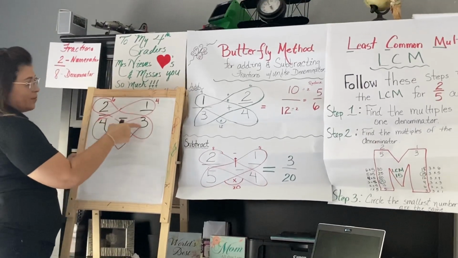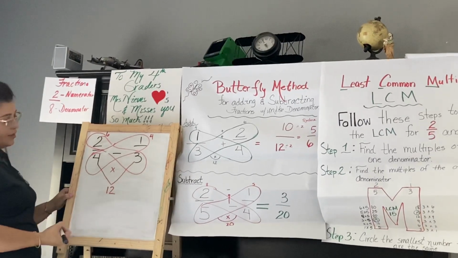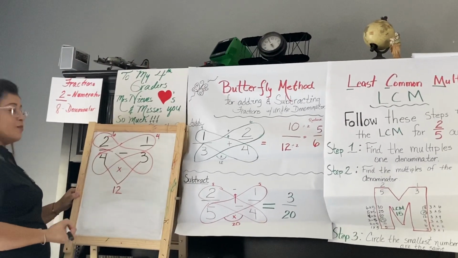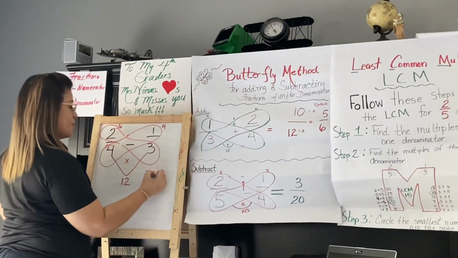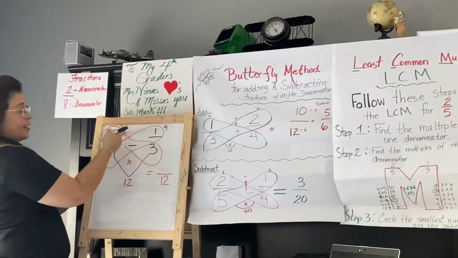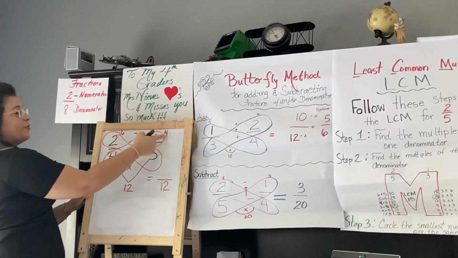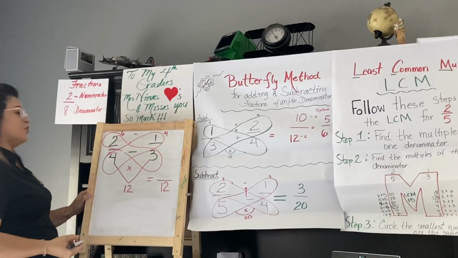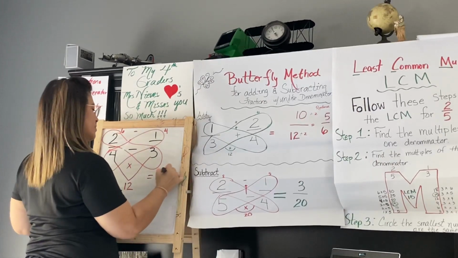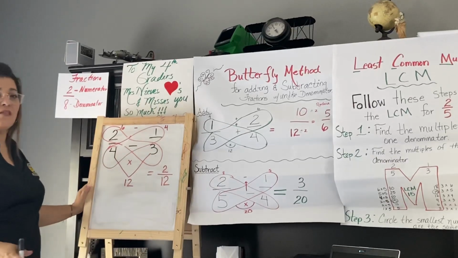Then, yes, we multiply our denominators together. So we got 4 times 3, which equals 12, which is going to be our denominator, right? When we have our answers. Then our next step is to subtract. 6 minus 4 equals 2. 2/12. Can we simplify or reduce this fraction?